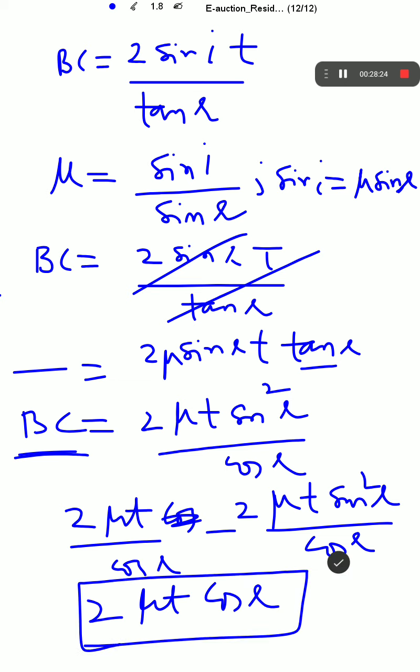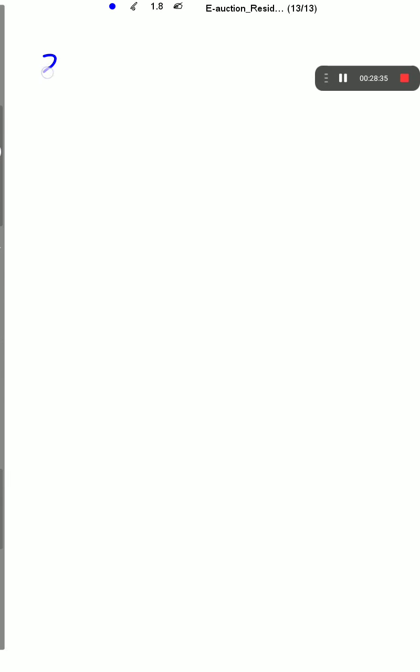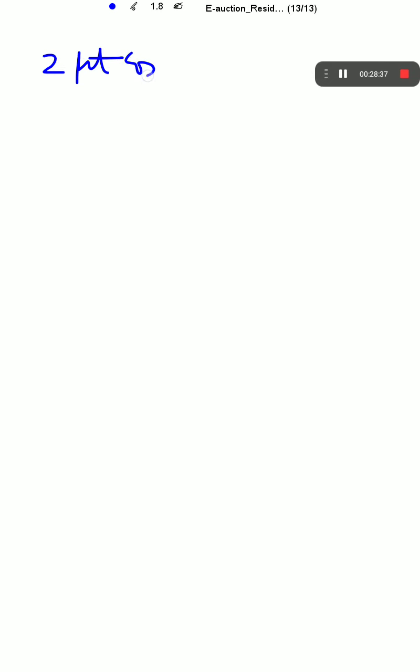This will be the path difference calculation in this case. So I will simply write in this expression 2 mu T cos R. This is the path difference, and the reflection has taken place from rarer medium to the denser medium in the first step.